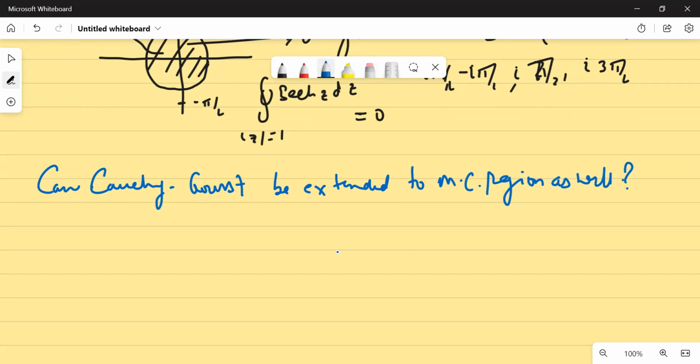So the answer to this problem is yes, it can be. Now there would be certain things as to how we'll be able to furnish this. So see, what I would do is I would create a certain construction.